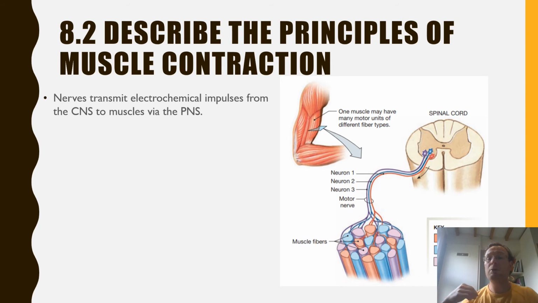It communicates with my muscles via that peripheral nervous system. The way impulses move through nerves to get there is through these electrochemical impulses. So it's kind of a form of electricity going through these nerves. It's the movement of charged ions being drawn into the nerves that creates that electrochemical impulse.